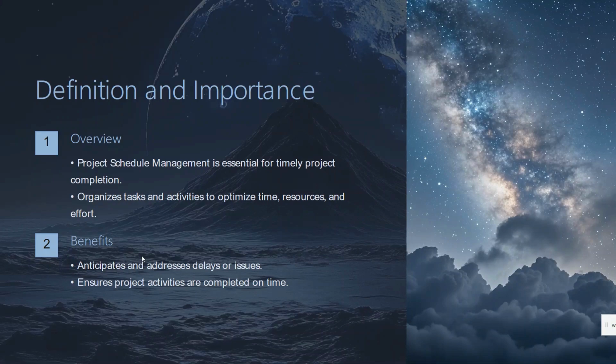So it ensures that the project tasks and activities are organized in a way that optimizes time, resources, and effort to meet the project objectives. Under overview, project schedule management is essential for timely project completion, and organizes tasks and activities to optimize time, resources, and effort.